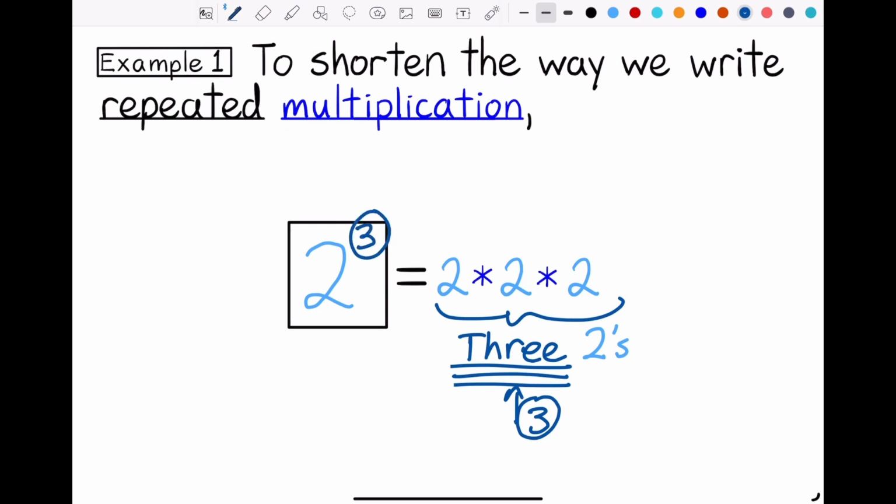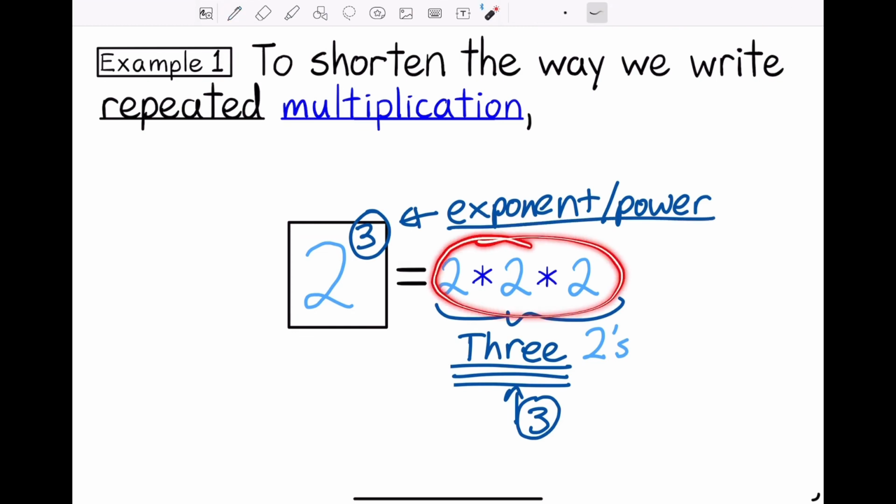This 3 is what we call the exponent. Exponents tell us we have repeated multiplication. And another name for exponent is the power. So there you have it. We have successfully shortened the way we write repeated multiplication using exponents.